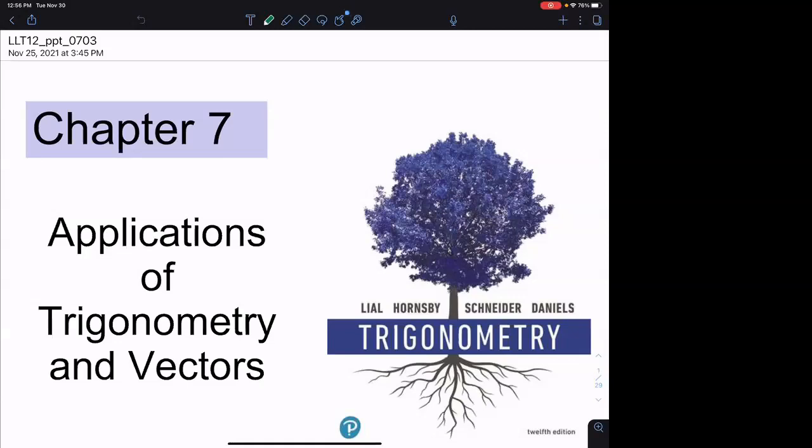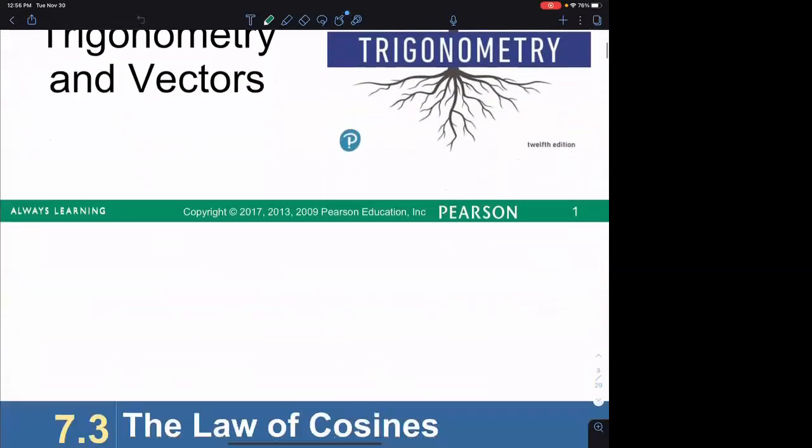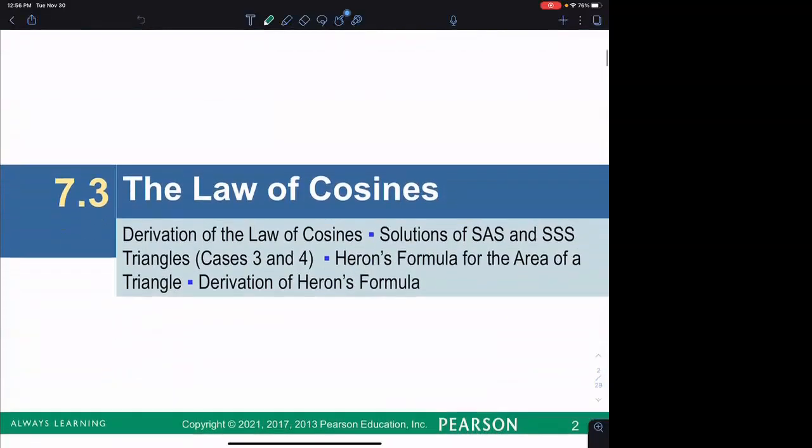And so in 7.1, this was broken down into different cases. Just to do a quick reminder, we use the law of sines in 7.1 and 7.2.